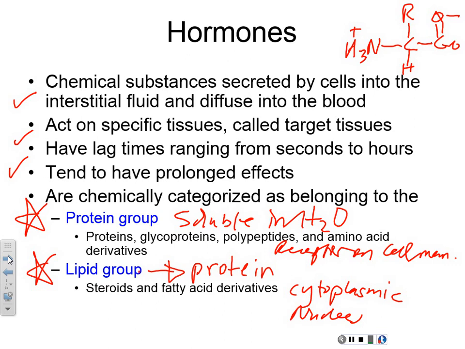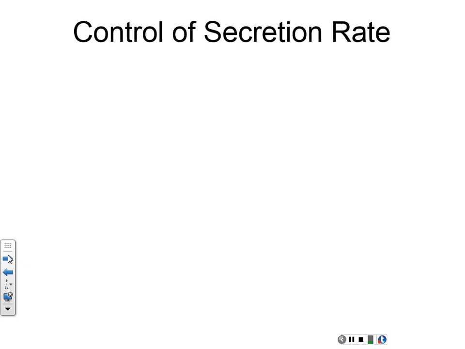Nuclear meaning the nucleus. So be able to talk about these two groups, proteins, and give me the functions and the qualities of it, and the speed of response for protein hormones versus the lipid hormones, which are mostly steroids. Like testosterone is a steroid. Estrogen is a steroid.